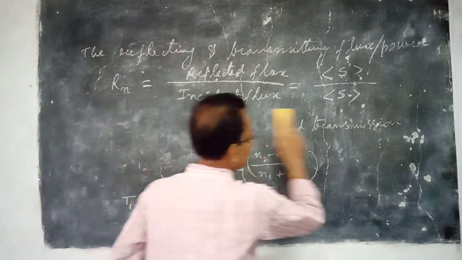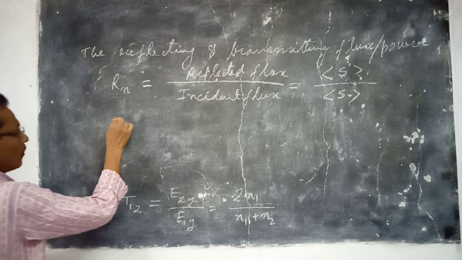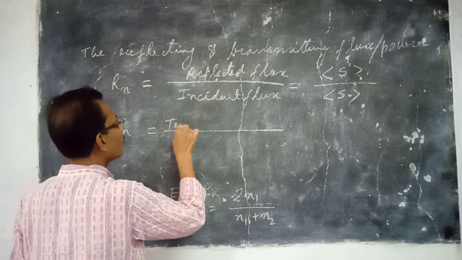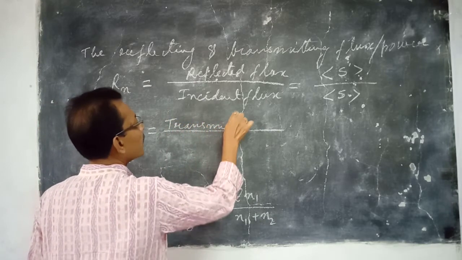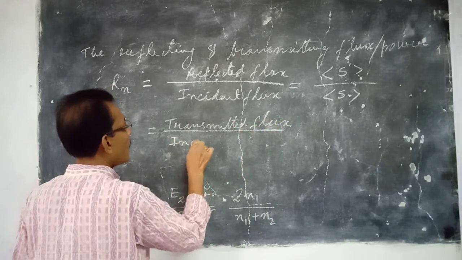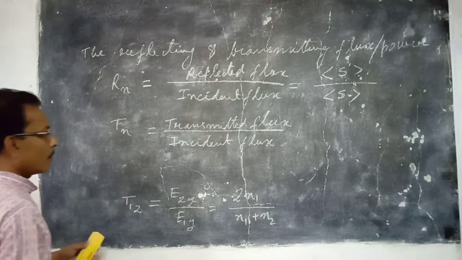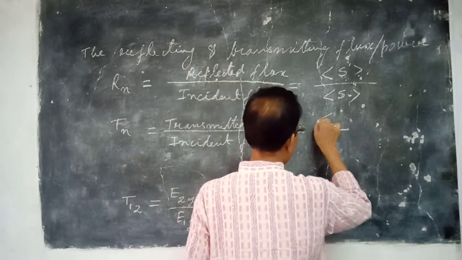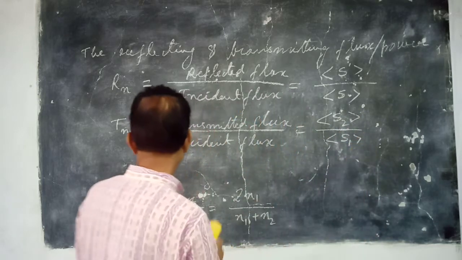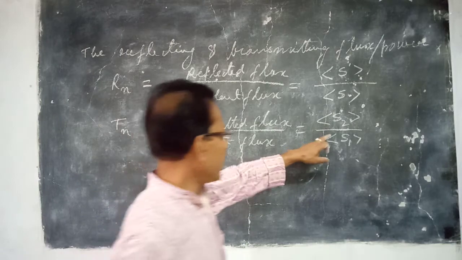Similarly, the transmitted flux Tn is the transmitted flux by the incident flux, that is S2 by S1.